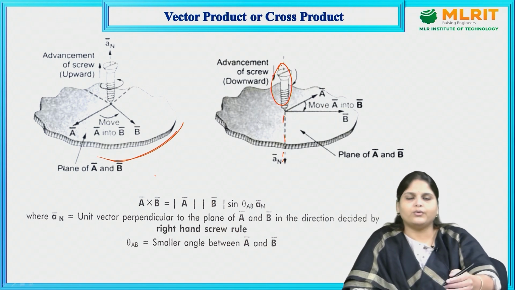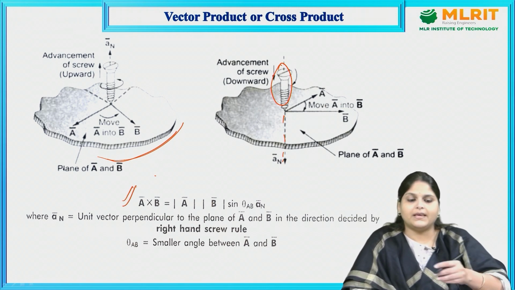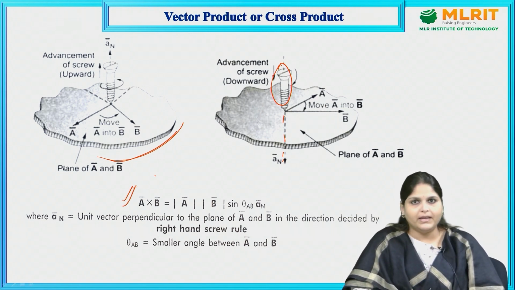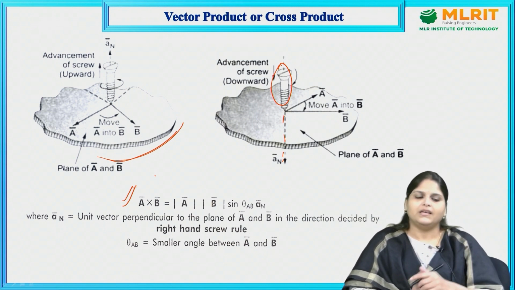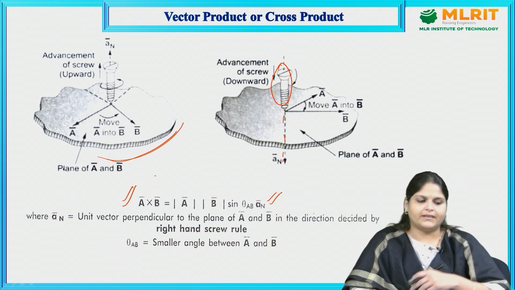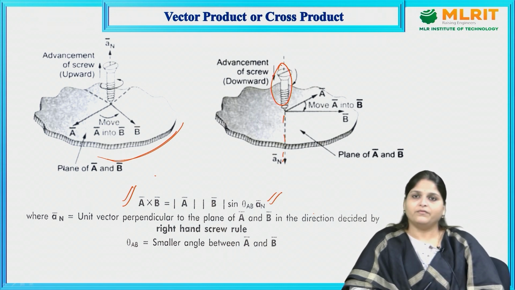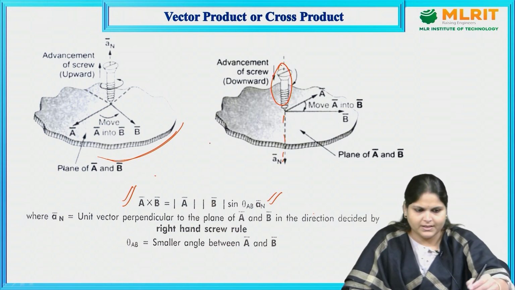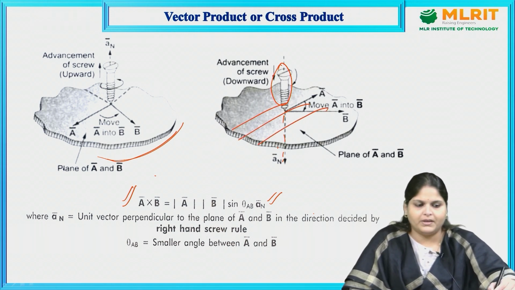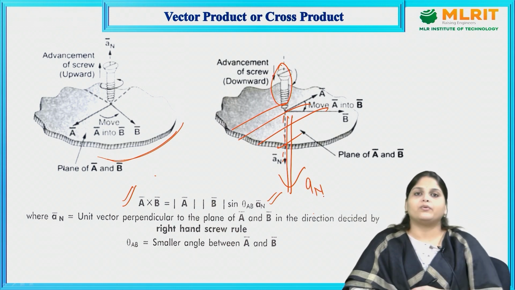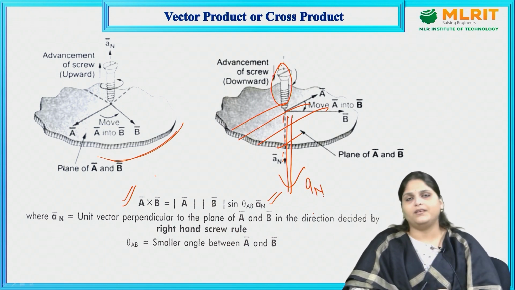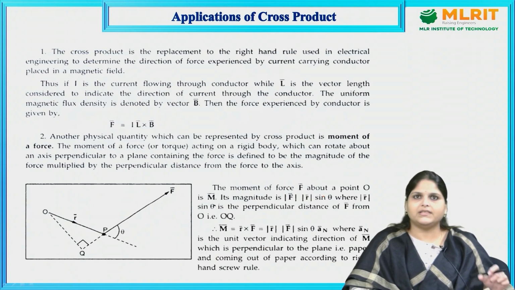When you want to write the cross product, again it becomes A cross B is equal to mod A mod B sine of the angle between A and B, and AN is the unit vector which is perpendicular to the plane of A and B. So this is the plane of AB and this is the AN, which is perpendicular to the plane of A and B. Hope this is clear.